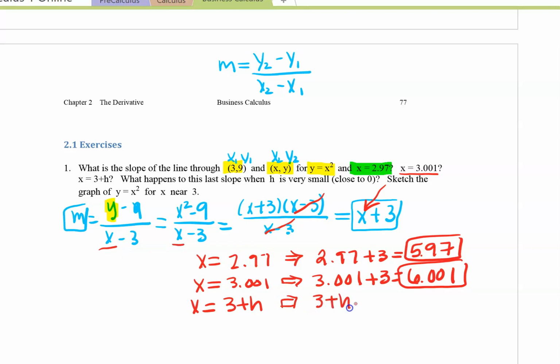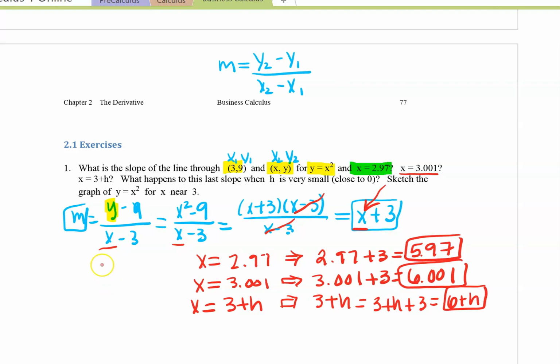So now if I look at 3 plus h, that's going to be equal to, again, plugging that in right here for x, 3 plus h plus 3, so that's going to give me 6 plus h. And so I'm starting to get an idea of what's going on at that point, that it's looking like it's going to be at about 6 when x is getting near to 3.